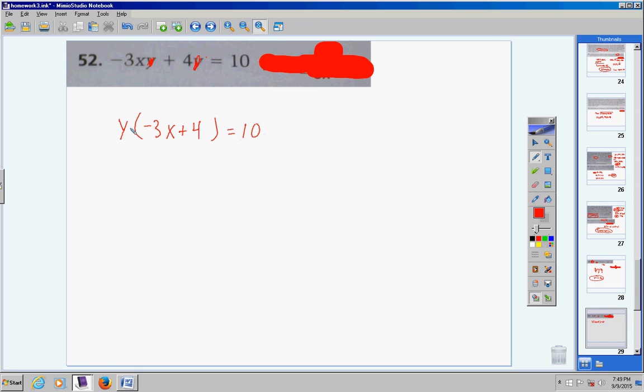Because the y is being multiplied times this. So to get y by itself, I can now divide both sides by negative 3x plus 4. Negative 3x, positive 4. So these cancel, leaving you with y. And y equals 10 over negative 3x, positive 4.